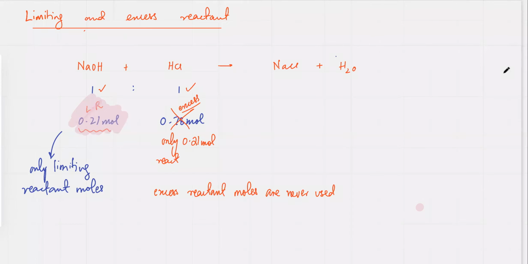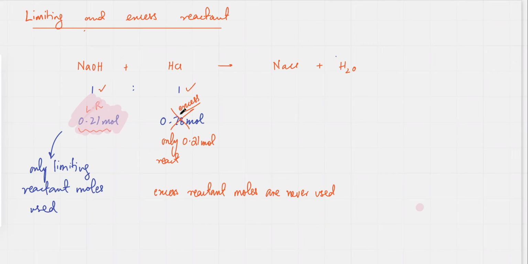So I don't know where you lost connection, but I was saying that the point of limiting and excess is that you just don't use excess reactant moles. Okay, they're just cut out. They're not used in your calculation. All calculations are done using the limiting reactant moles. Only limiting reactant moles are used. So for example, if I want to find the moles of NaCl, I'm not going to use 0.78.